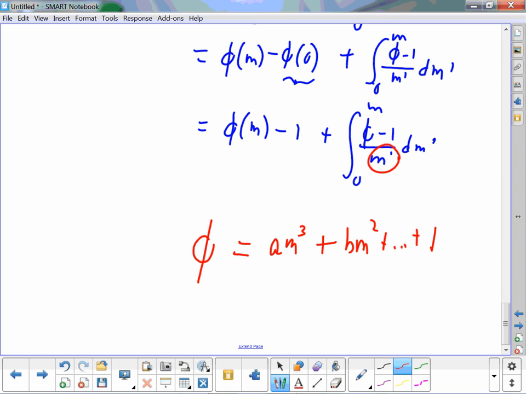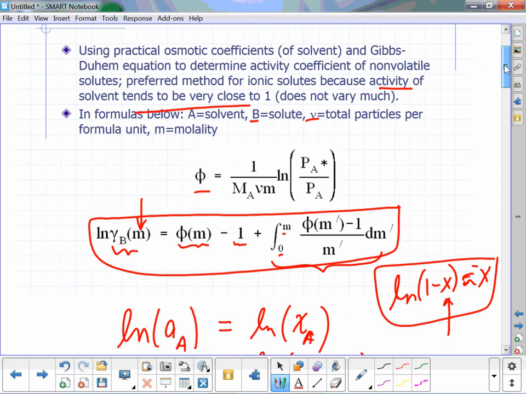It should be 1, right? So that numerator should have a plus 1 there. So when you subtract the 1 from the numerator and then divide by m, the 1 cancels out, and the m in the denominator will cancel out when you carry out the integration. So it's very easy to integrate.